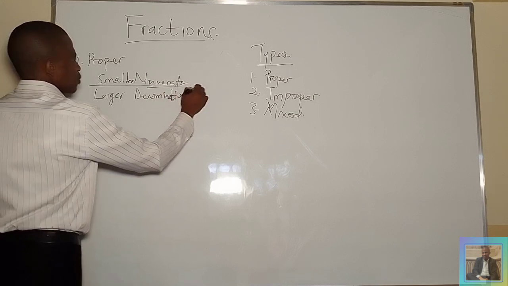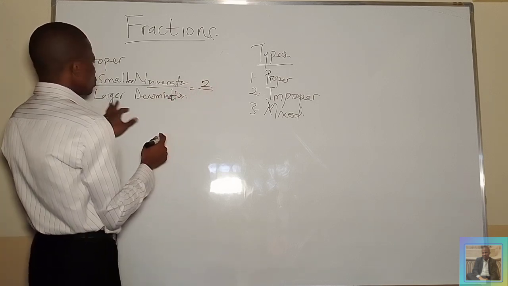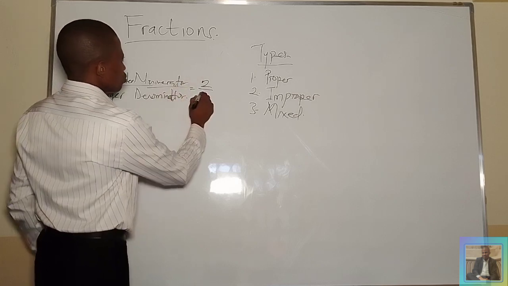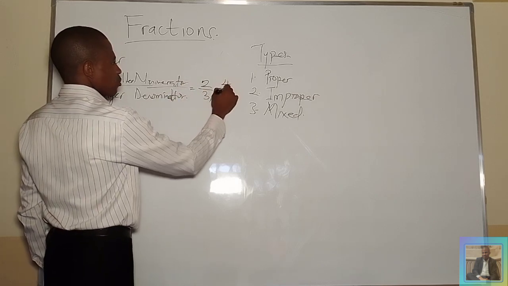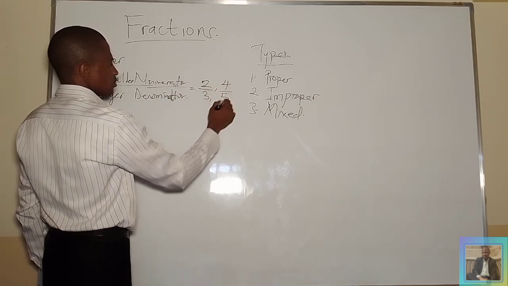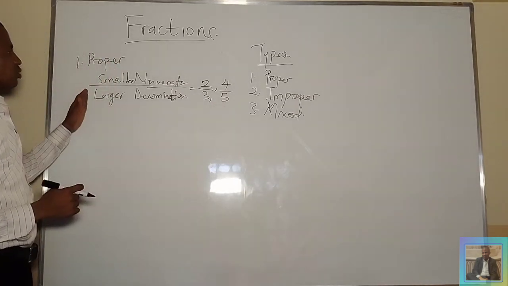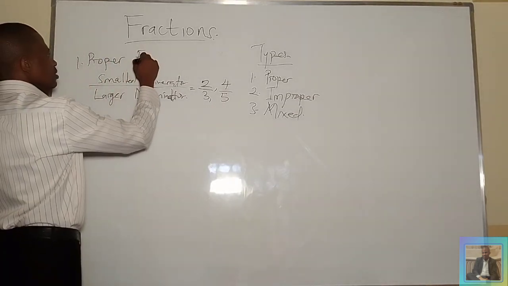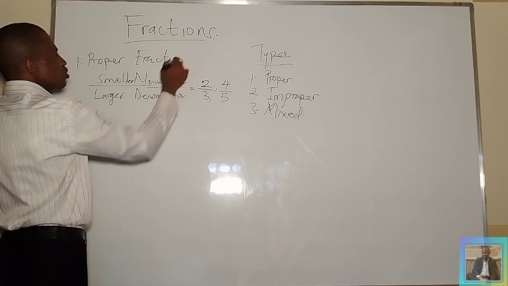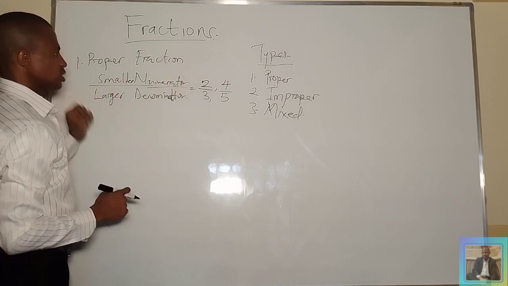What do we mean? Smaller, 2, and then we put a figure higher than 2, 3. Smaller, 4, something higher than 4, 5. So a proper fraction is a fraction where the numerator is smaller than the denominator.